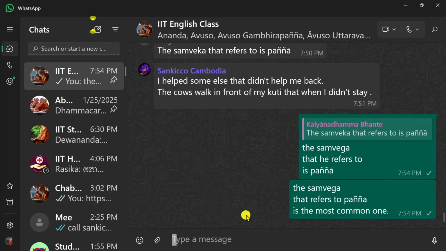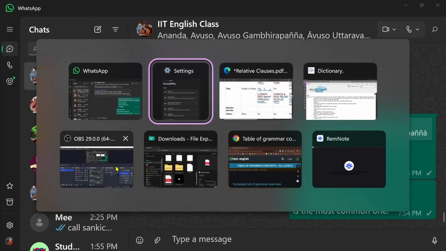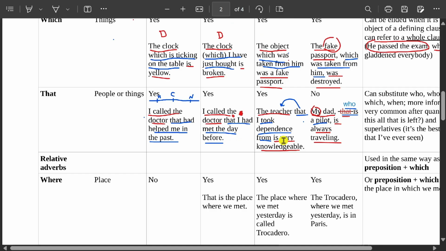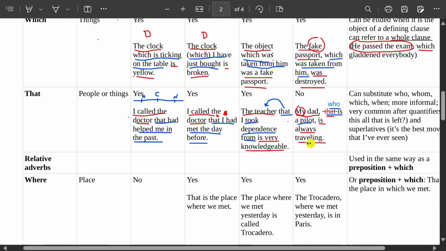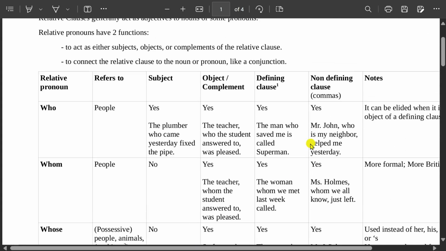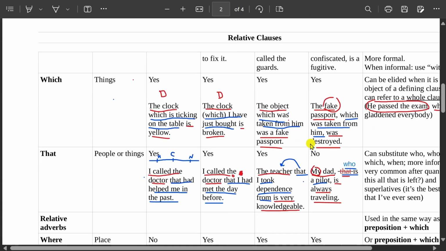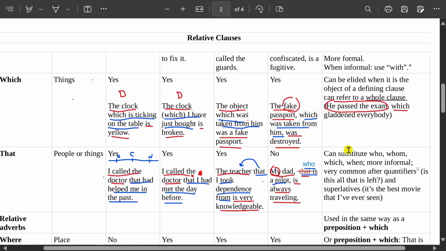São Vega refers to something, or São Vega is referred to. Both could be. Okay, good. We have finished all the relative pronouns so far, okay? Very nice.